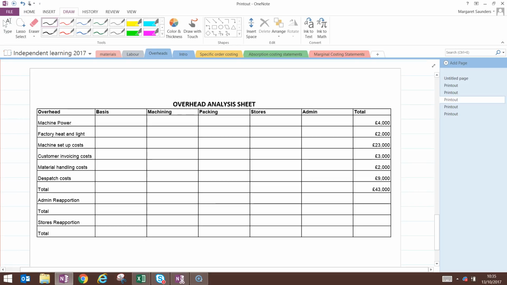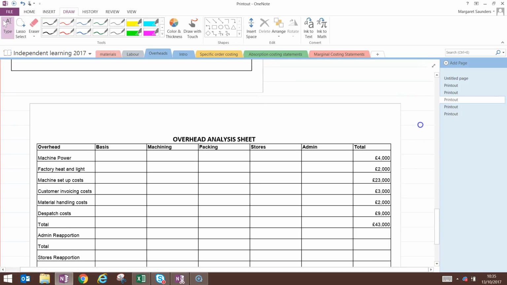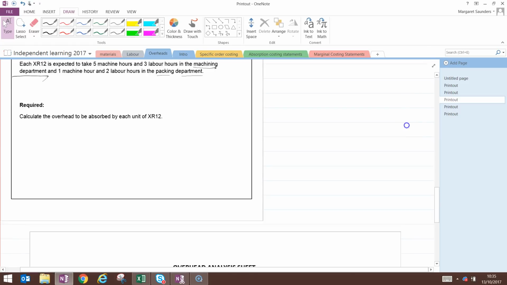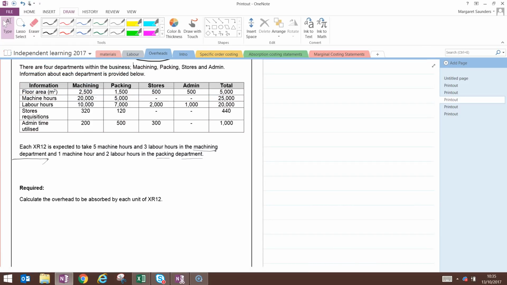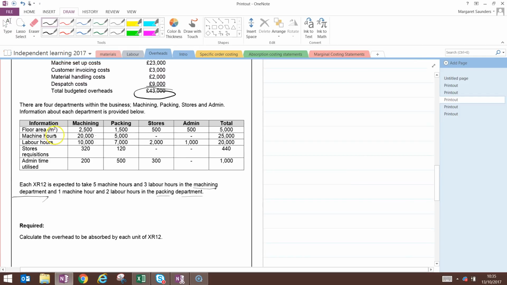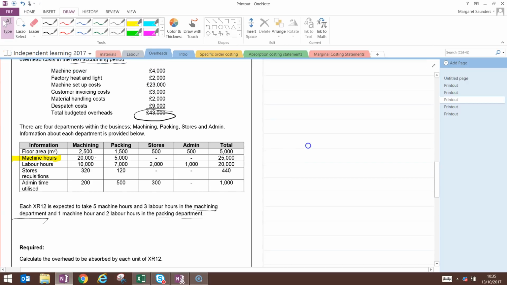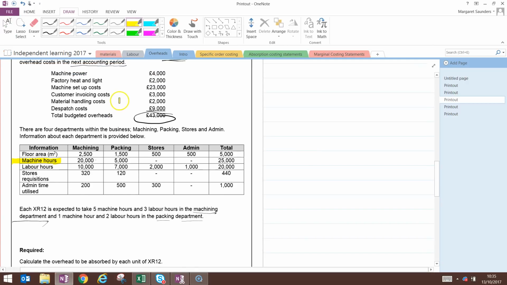The first overhead that we have is machine power, which is £4,000. So we're going to look back at the information we were given in the example and see what information is relevant to machines. So in the information we have machine hours. And we're looking for a cause of the overheads.